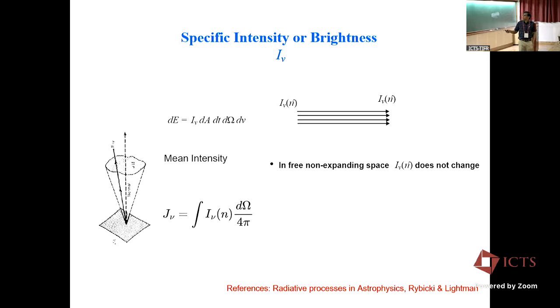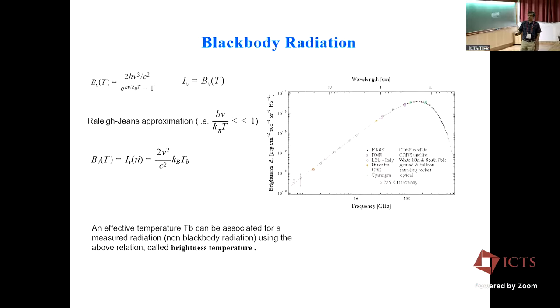It will remain the same throughout its propagation. One can prove that, and you can go to the famous radiative astrophysics book by Rybicki and Lightman, where you can get much more detail.